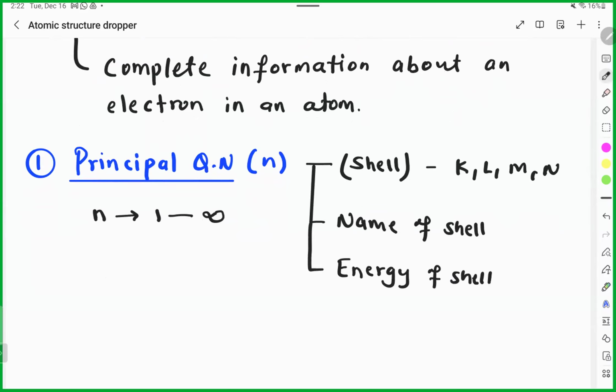If the shell is away from the nucleus, more energy. Close to the nucleus, less energy, tightly packed. Makes sense? It also tells us about the size of the orbit. If the electron is present in the first shell, it will be small size. If it is present in the eighth shell, big size.